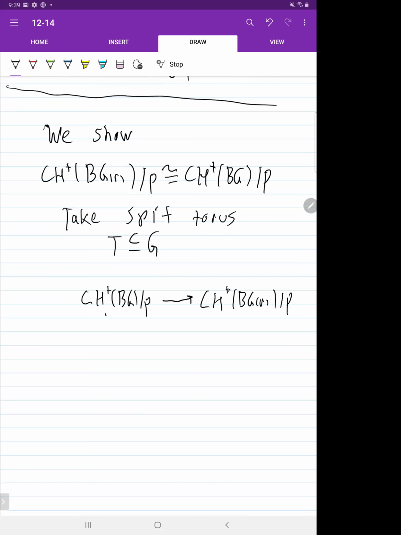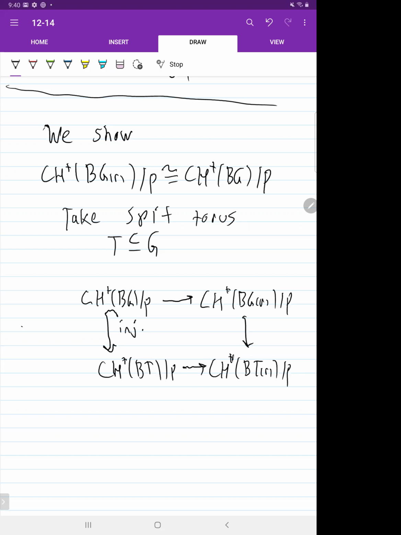And then you can map the Chow ring of BG to the Chow ring of the torus. And then you can pull that back to the Chow ring of BTR, so a product of copies of mu P to the R.